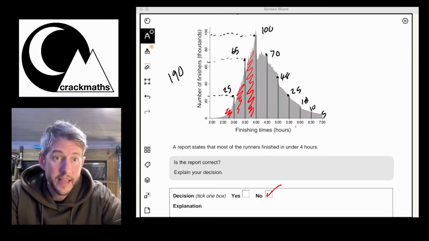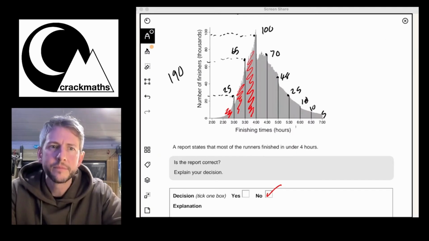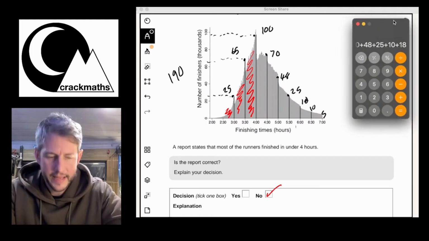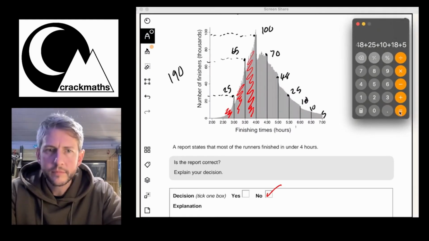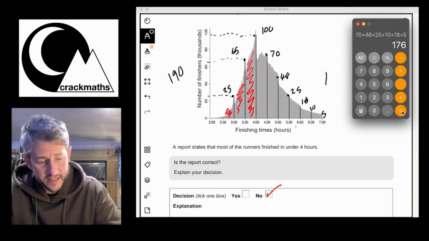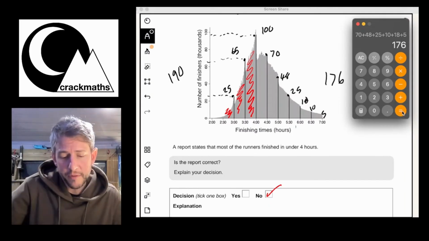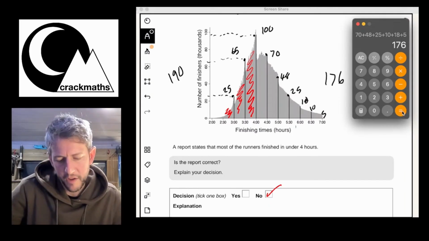Oh, I missed the 18. Oh, I'm sorry, I'm adding these together on my calculator. Sorry, 18 plus 5. That equals 176. Oh, you know what? He might have been right then. He might have been correct.